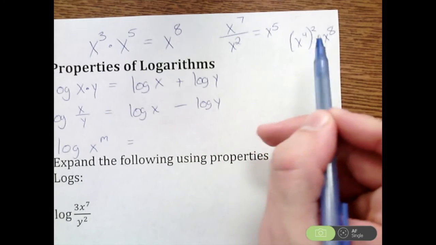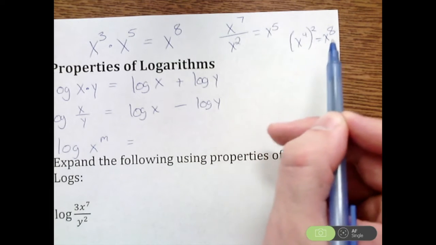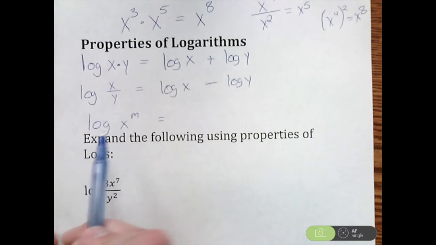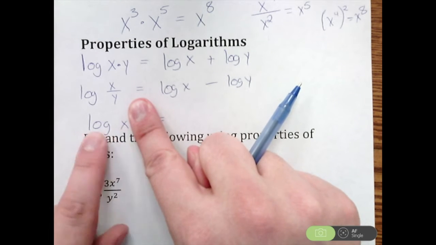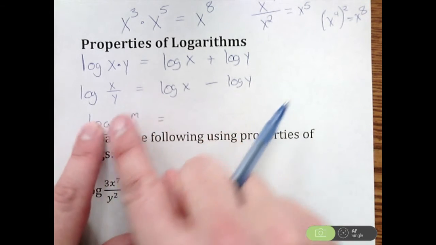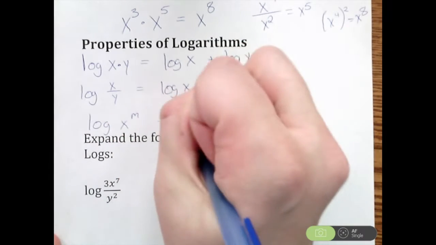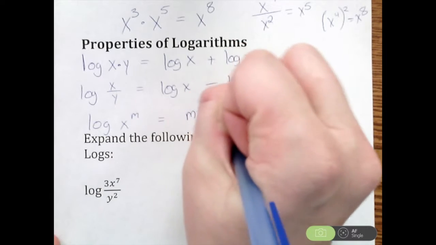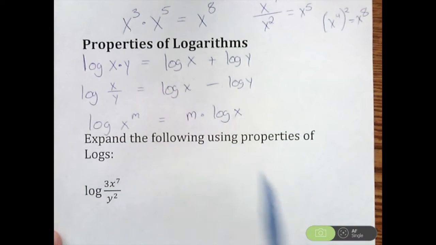Same thing here with logs. We have log of x to the m, and the exponent raised to an exponent, because remember, logs are exponents. When you have that, we multiply, so we're going to have m times log of x.